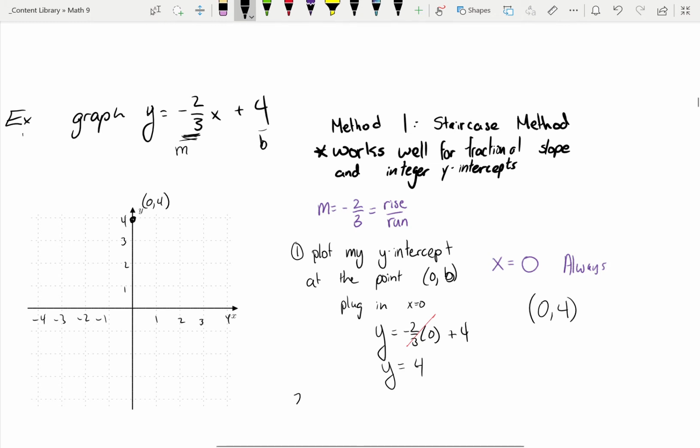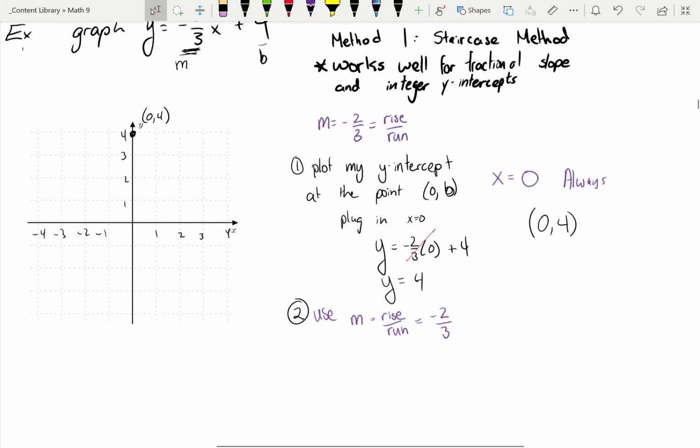Next up, this is where I start to use the staircase. So I'm going to use my m is equal to my rise over run, which is equal to -2/3, to basically solve for how I'm going to move along this line.